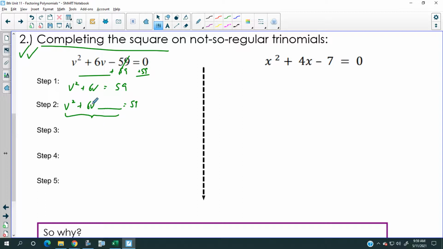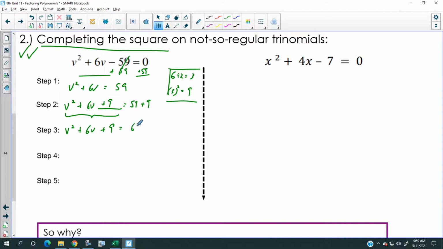So, okay, let's draw a little box on the left side and figure that out. 6 is the middle value, right? The middle coefficient. 6 divided by 2, that's 3. Oh, it's actually the same thing as the first one. It's 9, right? So plus 9 on the left, plus 9 on the right. All right, so let's see what that looks like. So v squared plus 6v plus 9 equals 68?